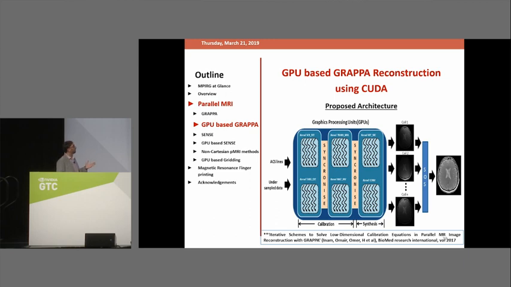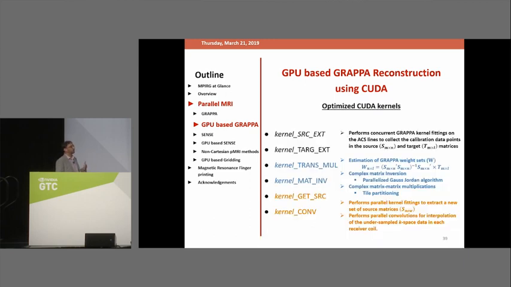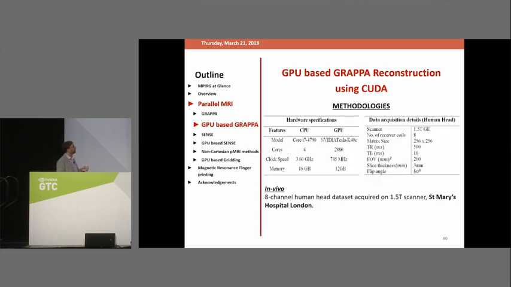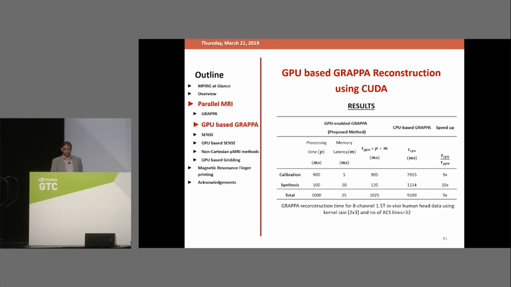So we designed 6 different kernels. I won't go into the details, but those kernels helped us a lot in the parallel computation, and we were able to reduce this time. We compared our results for both the CPU and the GPU, and we did the experiments on a human head data set acquired at St. Mary's Hospital, London.